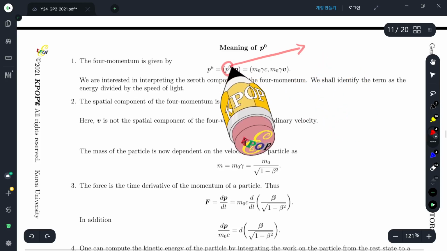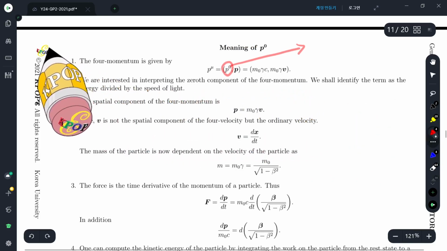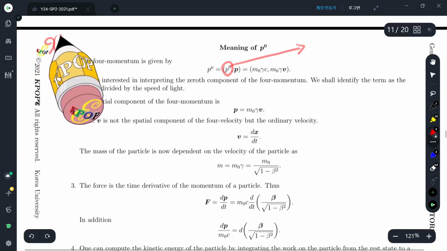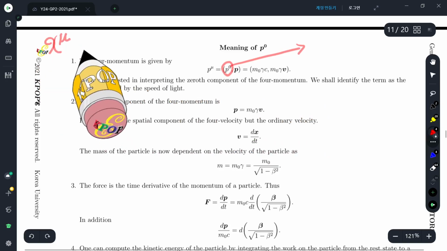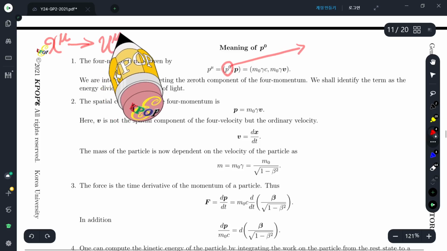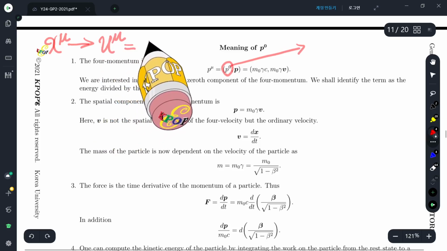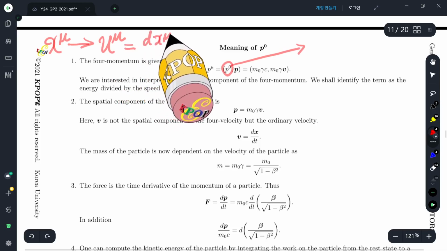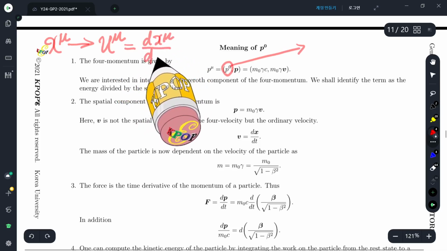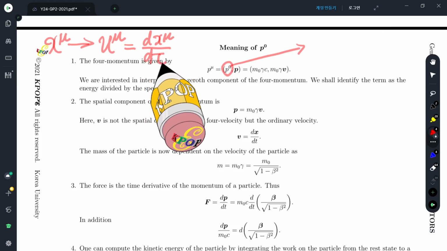Previously, we began with x mu for displacement, and then we derived u mu, that is the four velocity, that has been obtained by taking the derivative with respect to Lorentz invariant time, that is called the proper time.